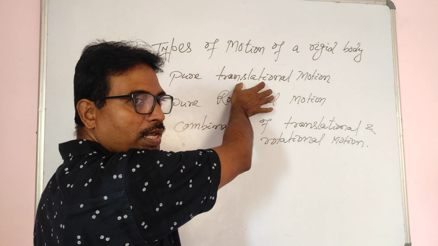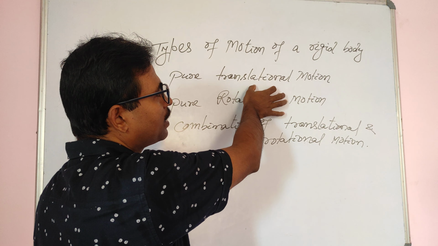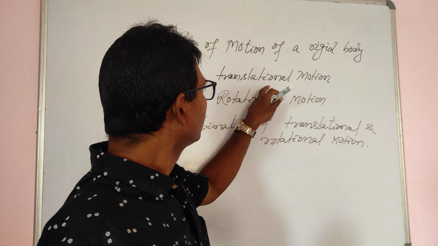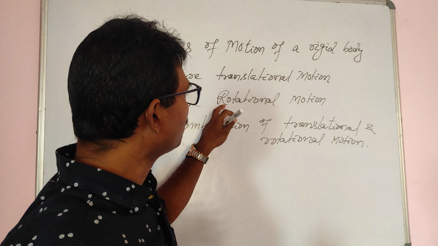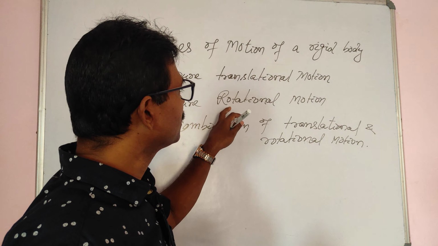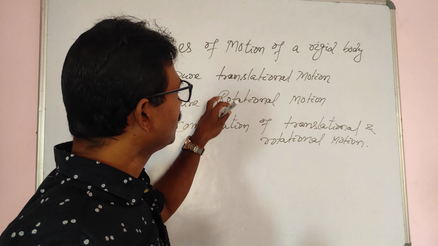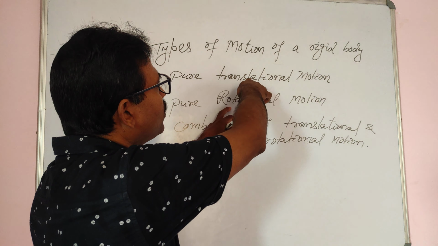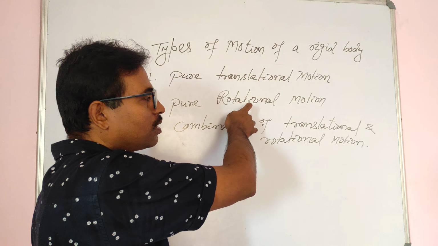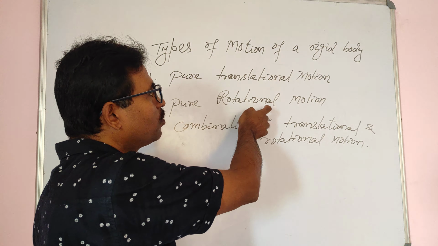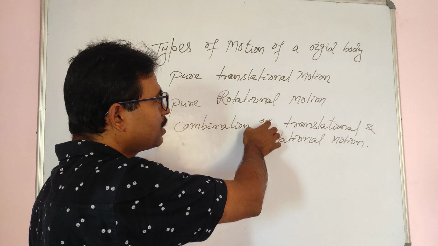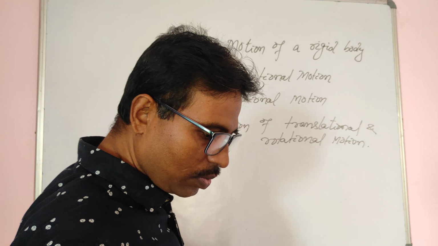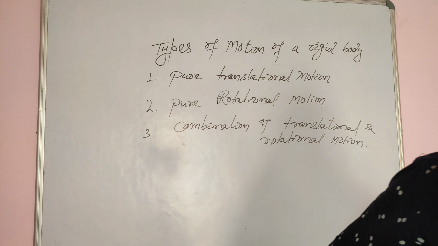The velocity of each particle remains the same, that is linear velocity. In pure rotational motion the angular velocity of each particle remains the same and constant, but the linear velocity is different. But here there is a combination of both linear velocity and angular velocity. Can you understand? So let us discuss one by one.